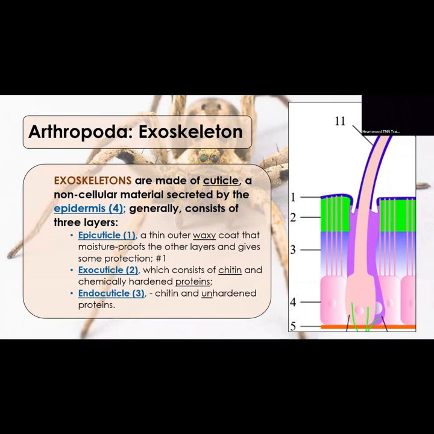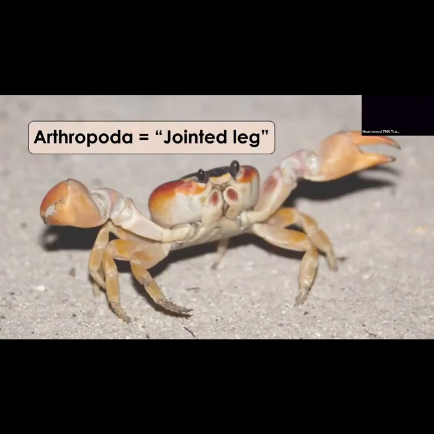So it's your external cuticle covered by your epicuticle, and then your endocuticle, your internal cuticle, is made of chitin and unhardened proteins. So you've got unhardened proteins, hardened proteins, and a thick waxy coating for protection. That's what helps create their exoskeletons.